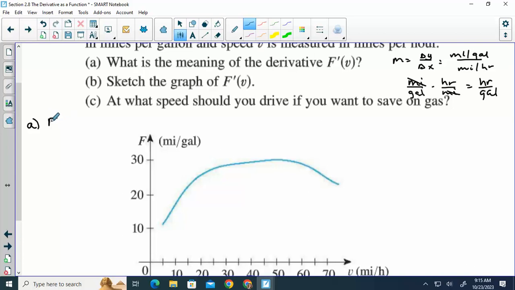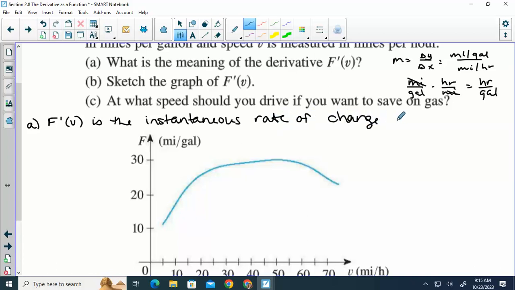So the derivative is the instantaneous rate of change in our y, which is our mileage, in terms of x, which was the speed.